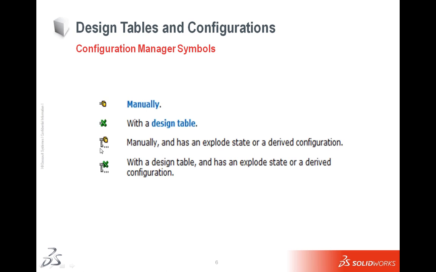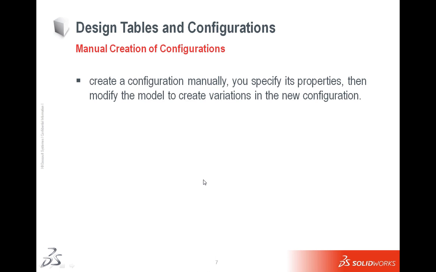Now, if you've created it manually and it has kind of a branch off to the bottom, that means it has either an exploded state or you've created a derived configuration, which again will be part of our discussion today. Excel files with the branch means you used a design table and you have either of those two conditions. We will see some of this as I get into the creation.